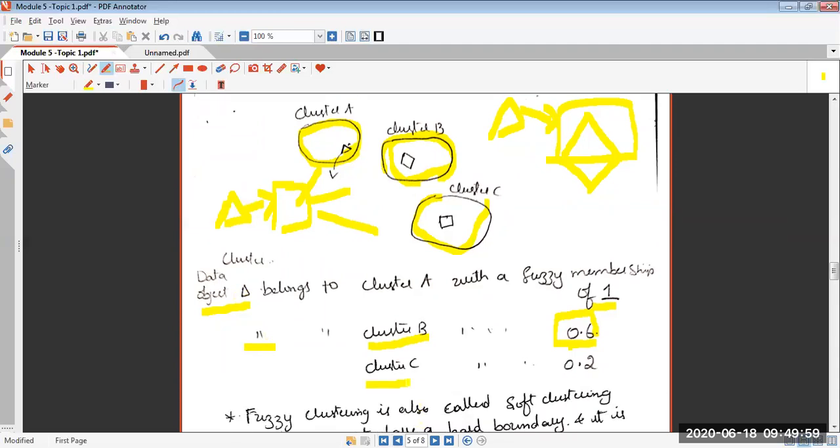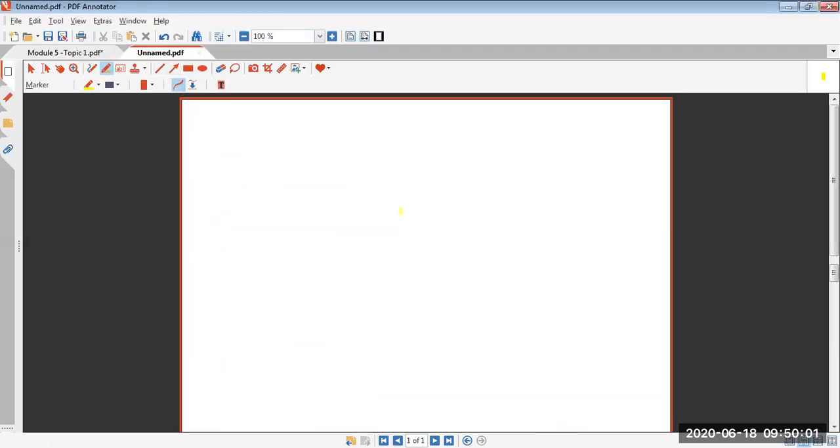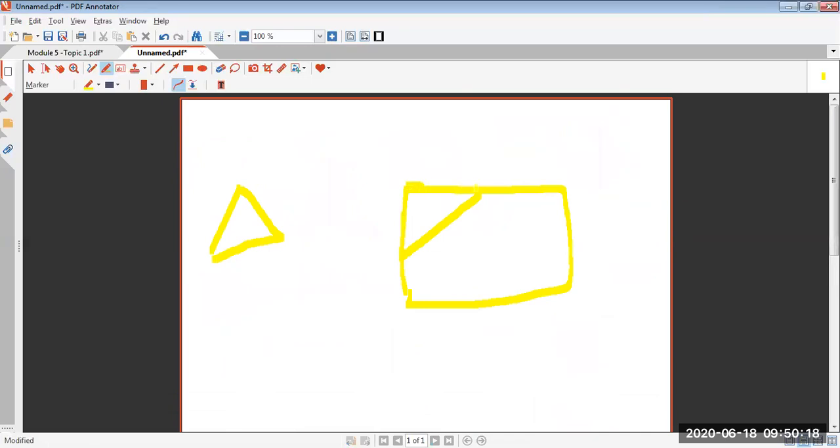Now take cluster C. Cluster C was a rectangle. The object in question is a triangle. The fuzzy clustering algorithm should decide what the weightage is, how much it is related. Maybe it will find some relation, some corner or some part of the object, for example this part related to this, and it may declare the same.